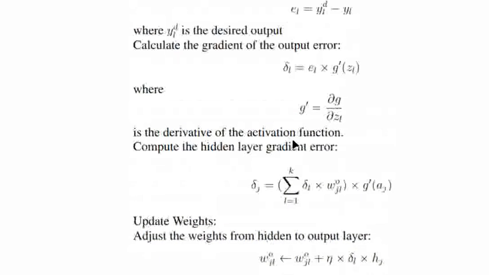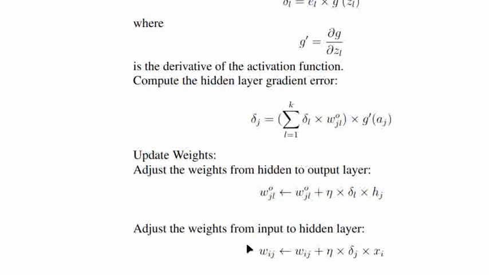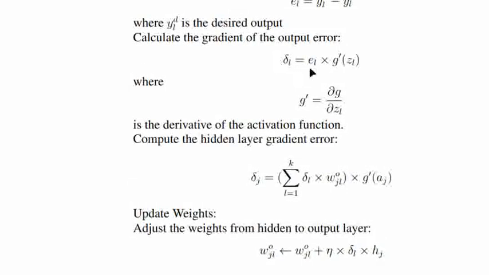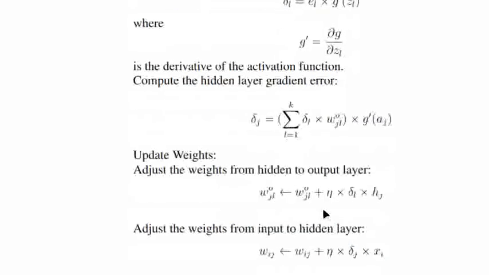And then using this, we adjust the weights. We adjust the weights from hidden to output layers using the output error delta l.